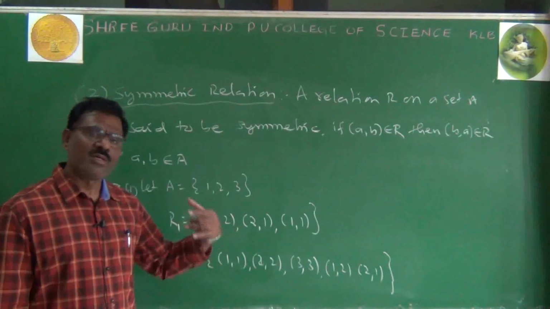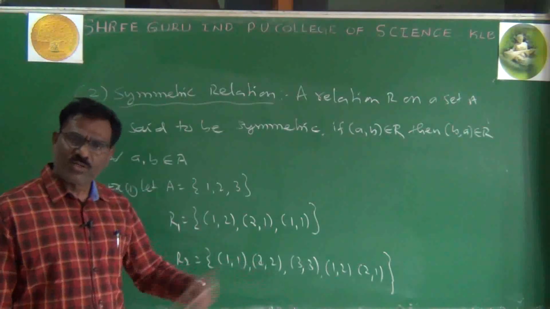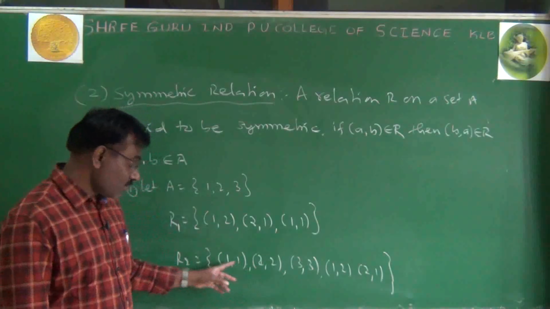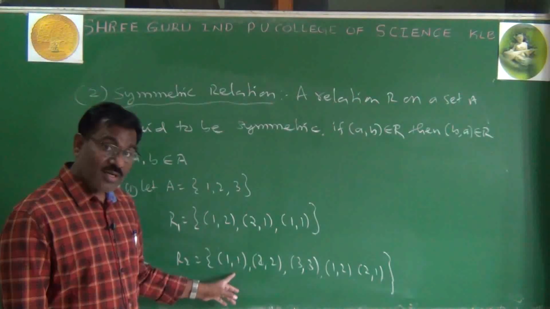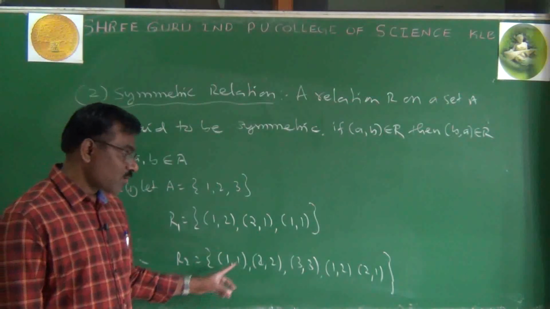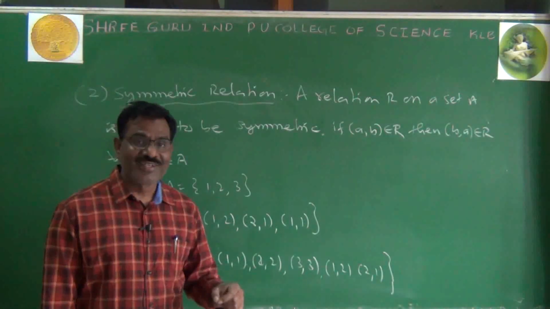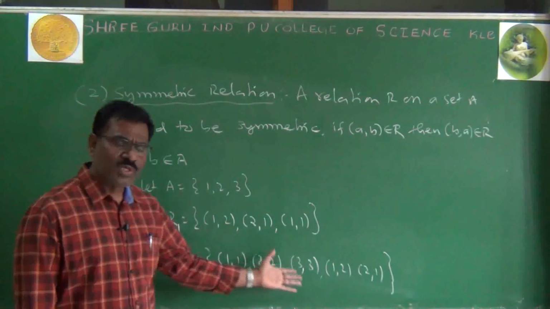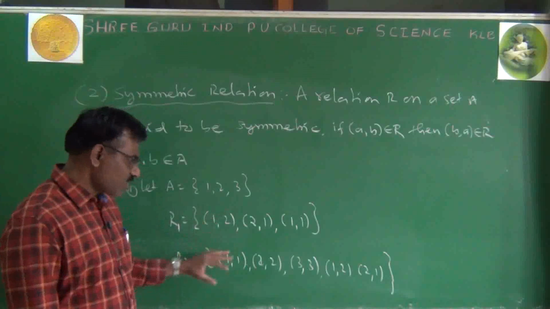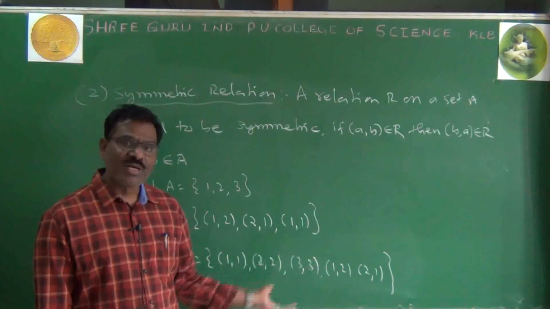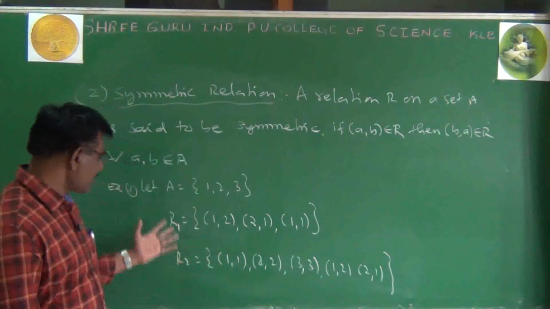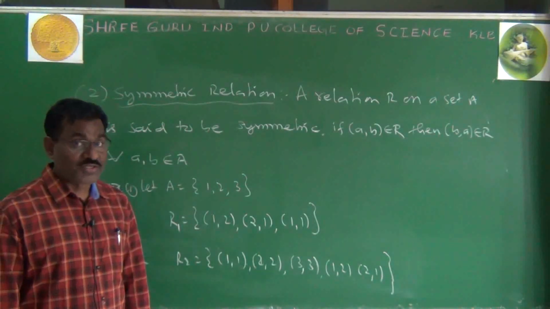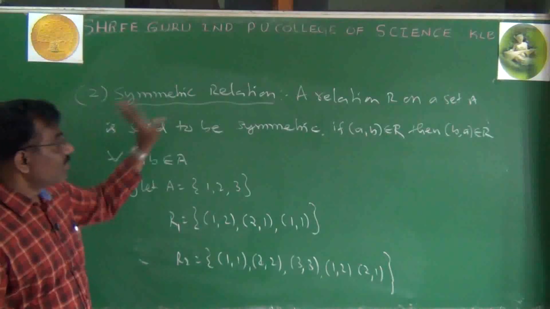Sometimes a relation can be both symmetric and reflexive, and sometimes all three hold. So this R2 relation is both reflexive, with 1, 1, 2, 2, 3, 3, and symmetric, a comma b and b comma a. So this is the second type of symmetric relation.